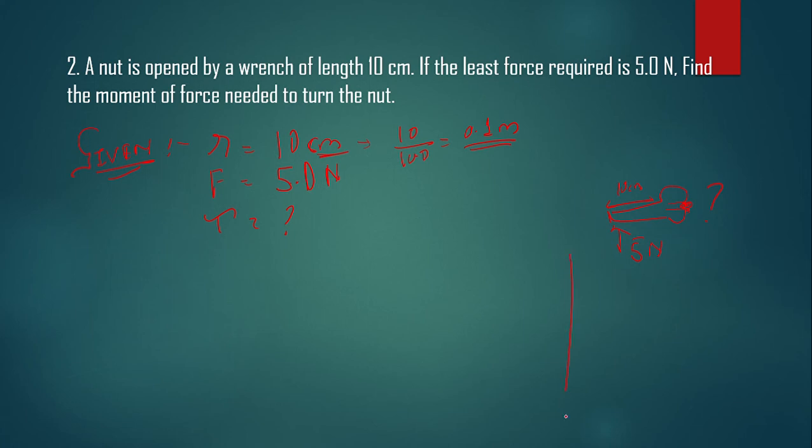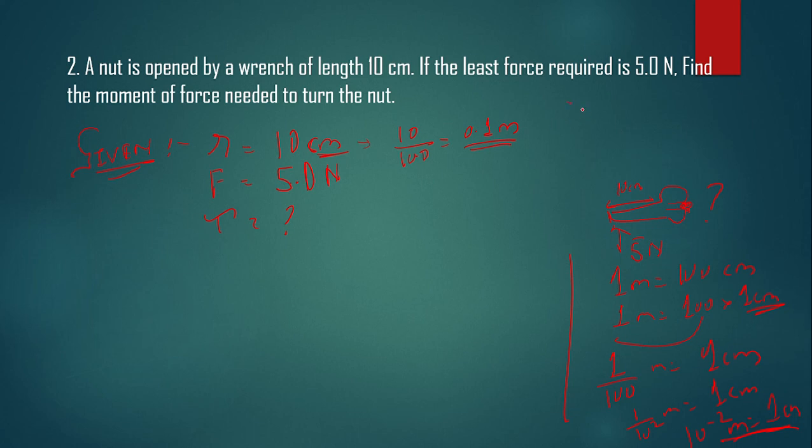We know that 1 meter is equal to 100 centimeter, so 1 upon 100 meter is equal to 1 centimeter. This can be written as 10 to power minus 2 meter is equal to 1 centimeter.